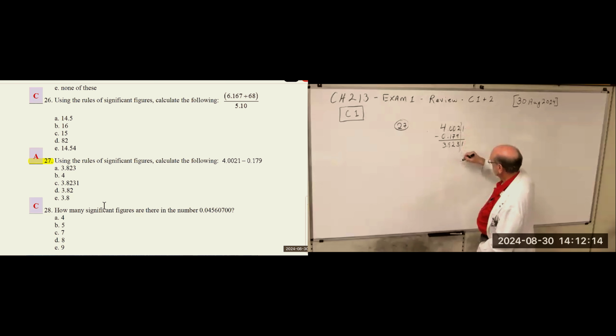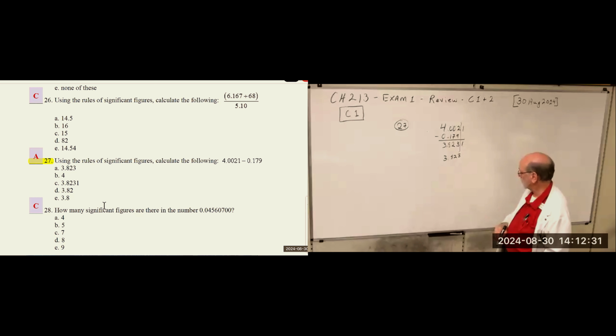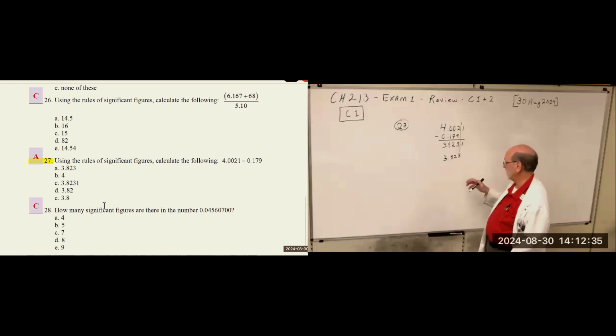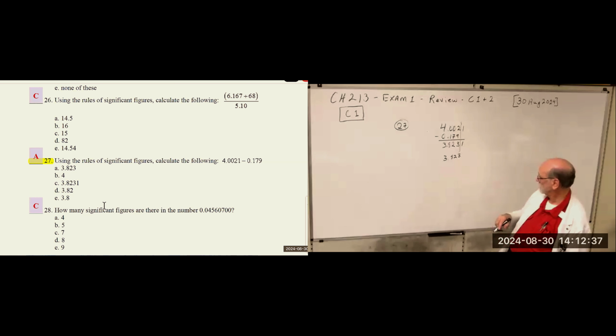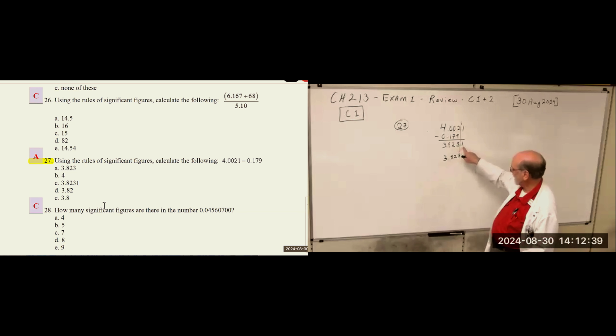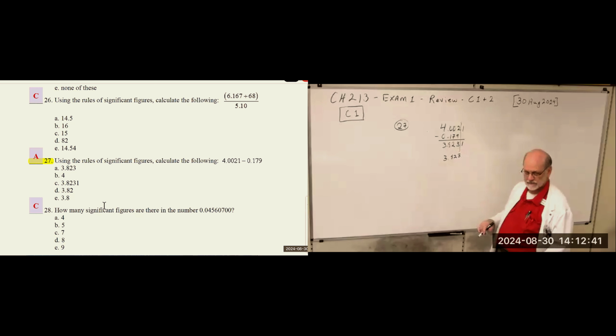But this is the uncertain number for that one. This is the uncertain for that one. So we're stuck with this one. So we have to do 3.823. That's it, 3.823. Because if we put anything else down there, we have to round this one based upon that one. But that's still 3.823, which would be A.